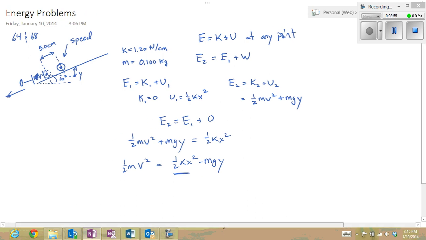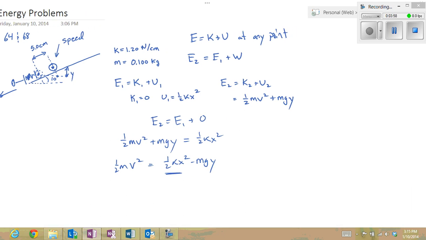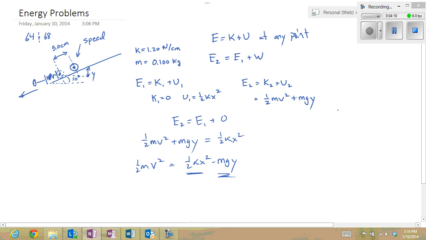Here's the amount of energy that is stored in the gravitational field. So any energy that's left over in that difference becomes kinetic energy of the ball. So solving for v, it must equal the square root of (kx squared minus 2mgy) over m.